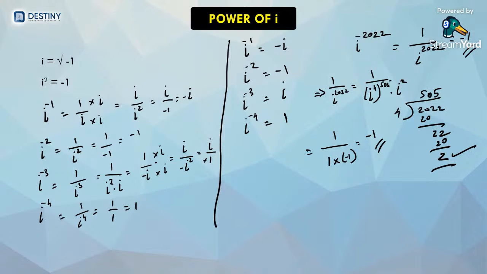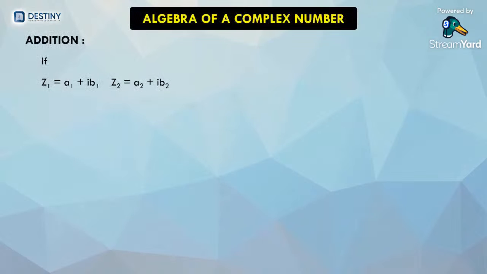Now let us move to the next topic called algebra, that is addition. Addition is simple, as we do in our numbers. Z1 plus Z2 will become, first we should add the real terms, A1 plus A2, plus i commonly we have to take B1 plus B2.